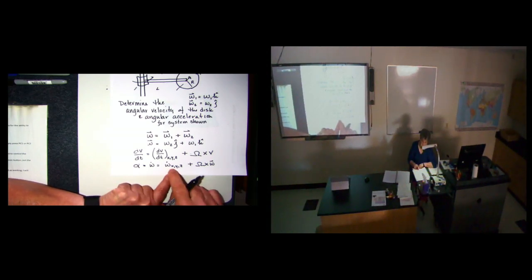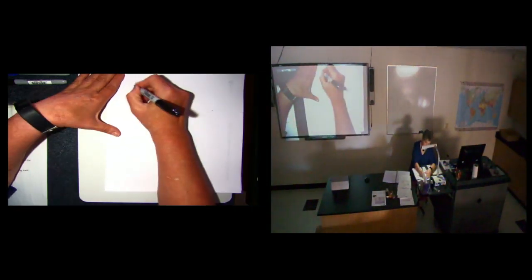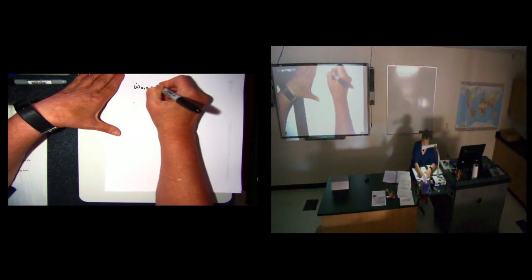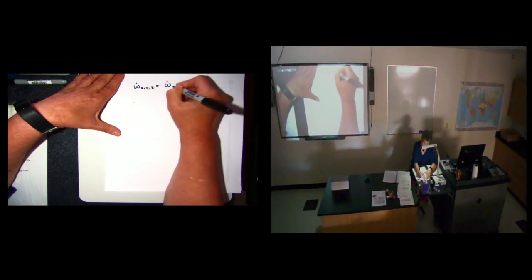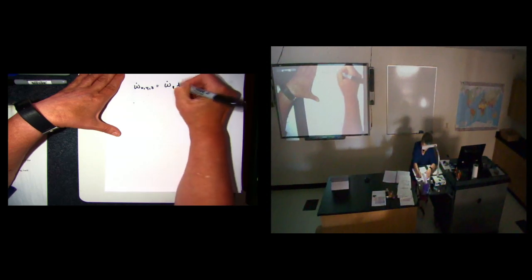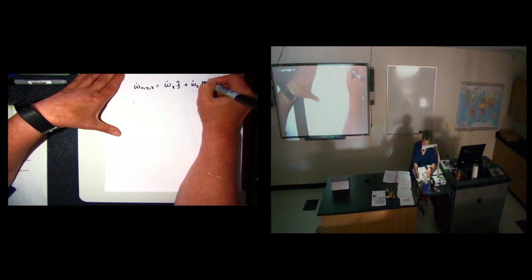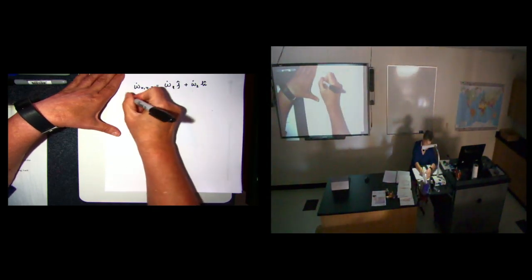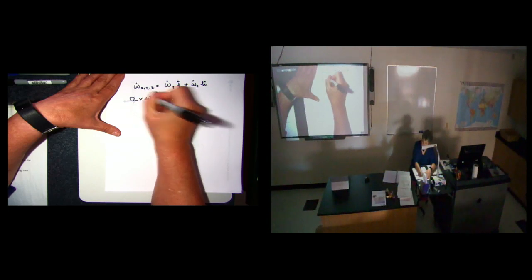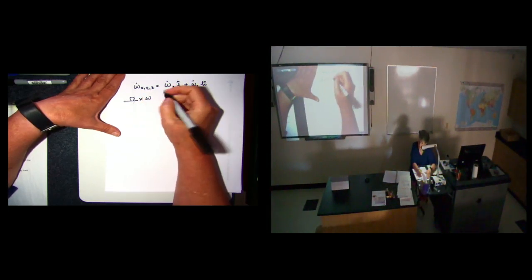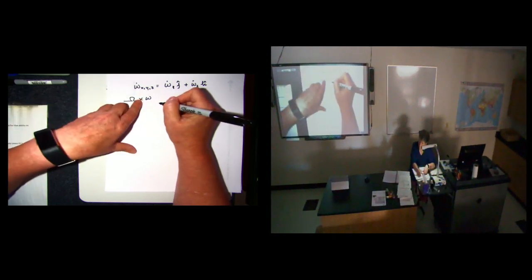So if I'm doing my omega dot with my stationary reference frame, that's just omega 1 dot J plus omega 2 dot K. But now we've got to deal with this puppy that we have to work with.